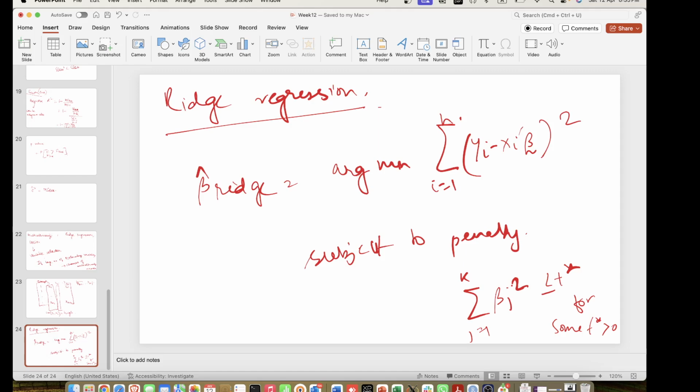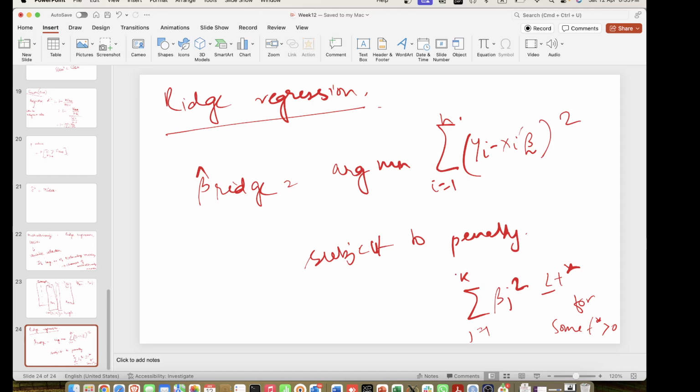By using this sort of regression, we can get rid of multicollinearity. And how do we do that?